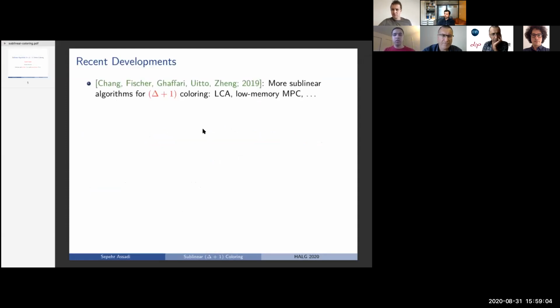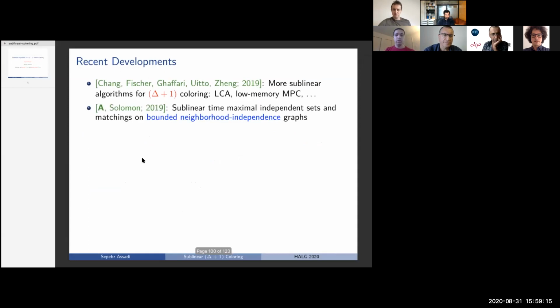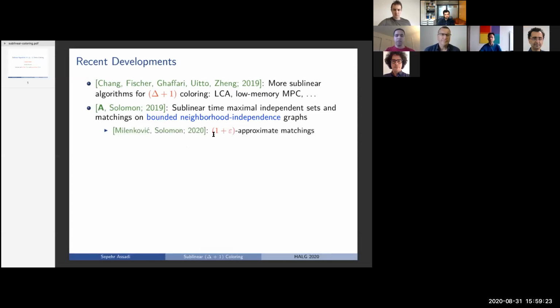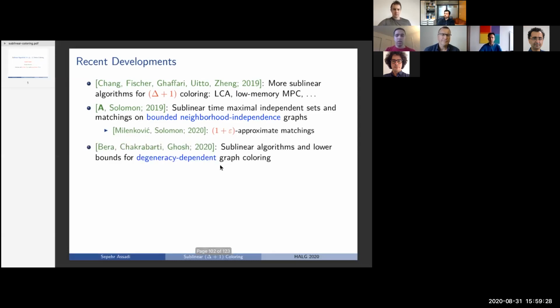There have been a lot of developments on these problems after our work. There's this nice work by Chang et al. that gives even more sublinear algorithms for delta plus one coloring. With Shay Solomon, we designed some maximal independent set and matching algorithms for bounded neighborhood independence graphs, and these have recently been improved to 1 plus epsilon approximate matchings. Assadi, Chakrabarty, and Ghosh give a similar result to ours, but this time based on the degeneracy of the graph.